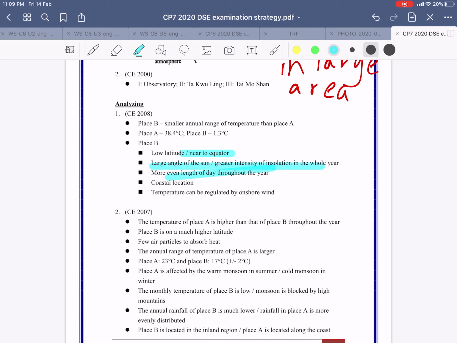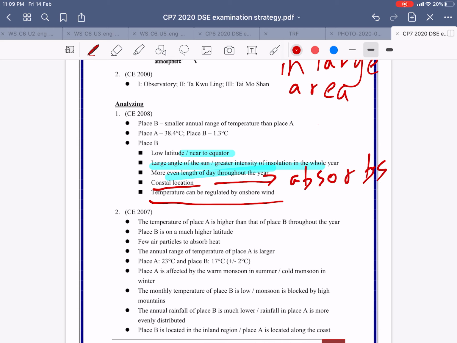What's more, not just latitude, they would love to ask about continentality, as I've said before. You have to tell me that a coastal location absorbs and releases heat slower, and vice versa, the landmass absorbs and releases heat faster.